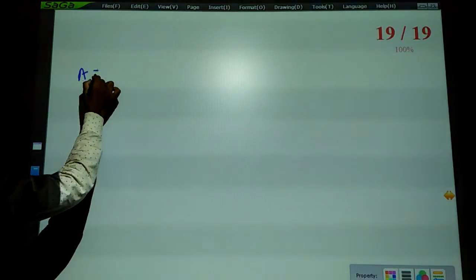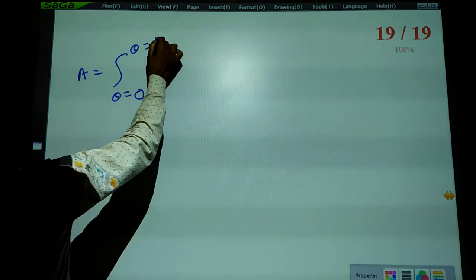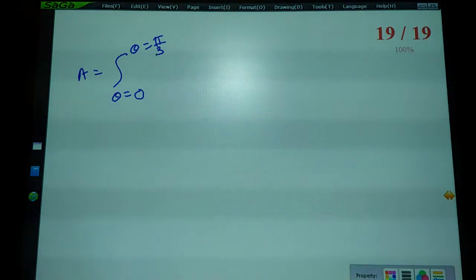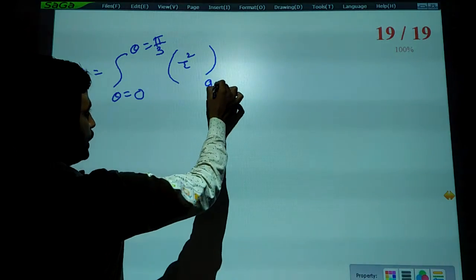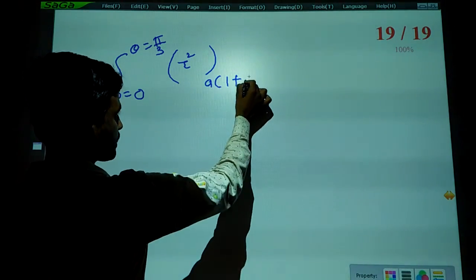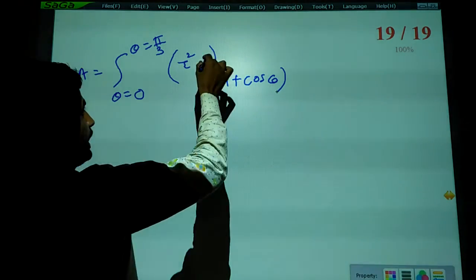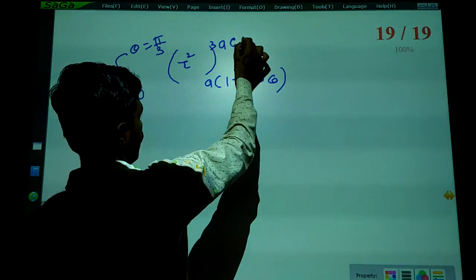So A is equal to integral theta from 0 to pi by 3, r square, lower limit a into 1 plus cos theta and upper limit 3a cos theta.